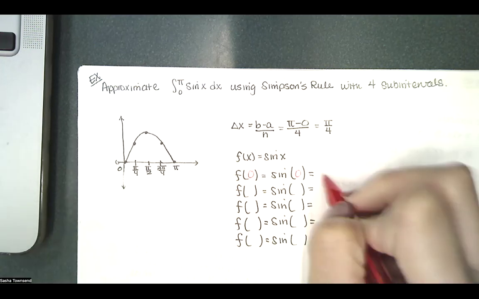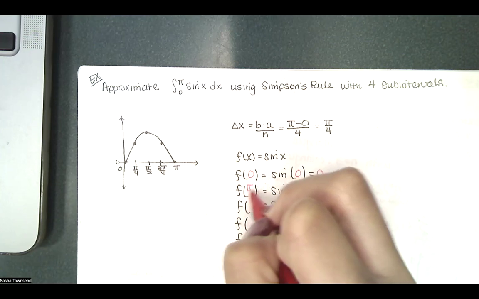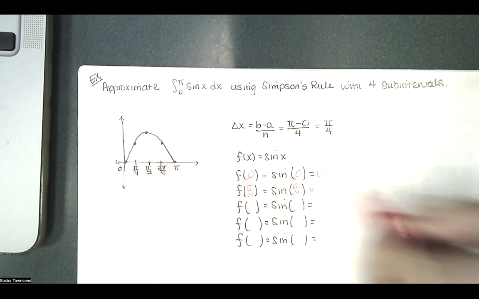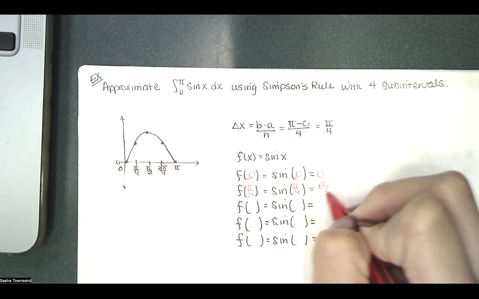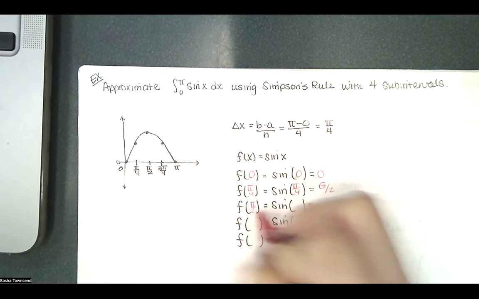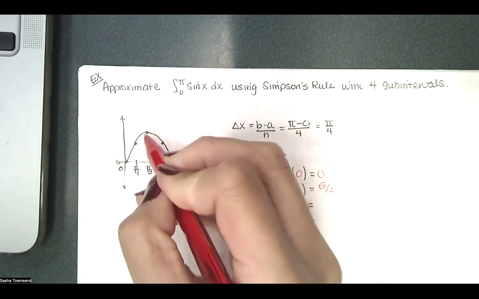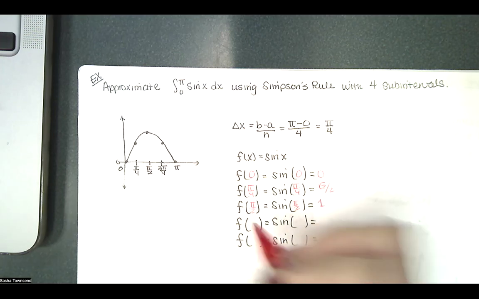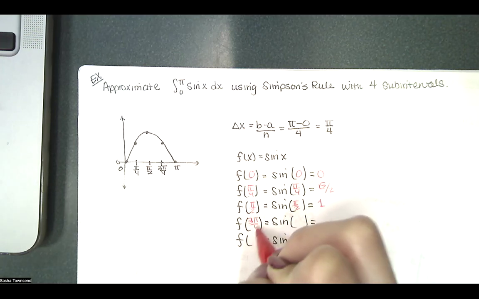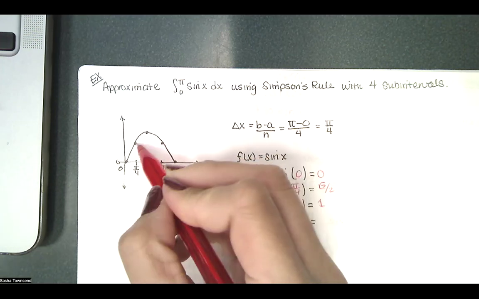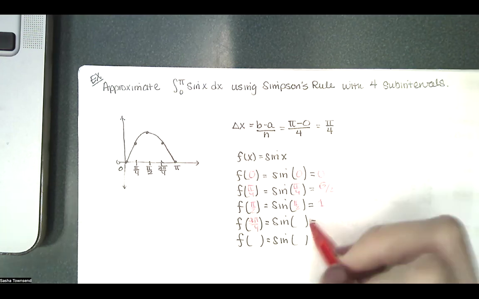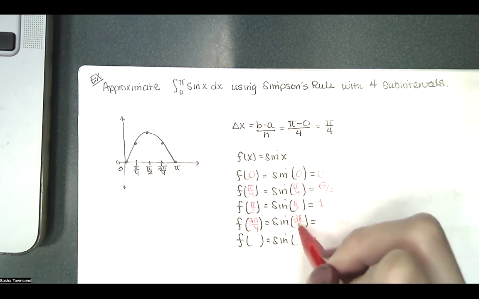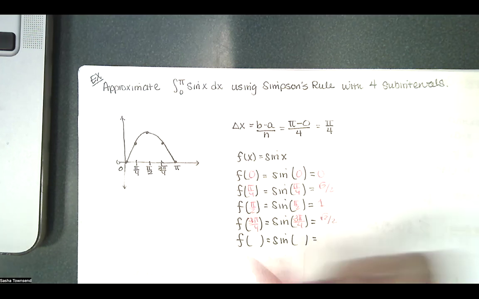At 0, we get sine of 0, which is 0. At pi over 4, we get sine of pi over 4, which is square root of 2 over 2. At pi over 2, we get sine of pi over 2. That means we're at the top there. We get a y value of 1. At 3 pi over 4, the y value is the same as the y value at pi over 4, so we get the square root of 2 over 2. And then at pi, we get 0.